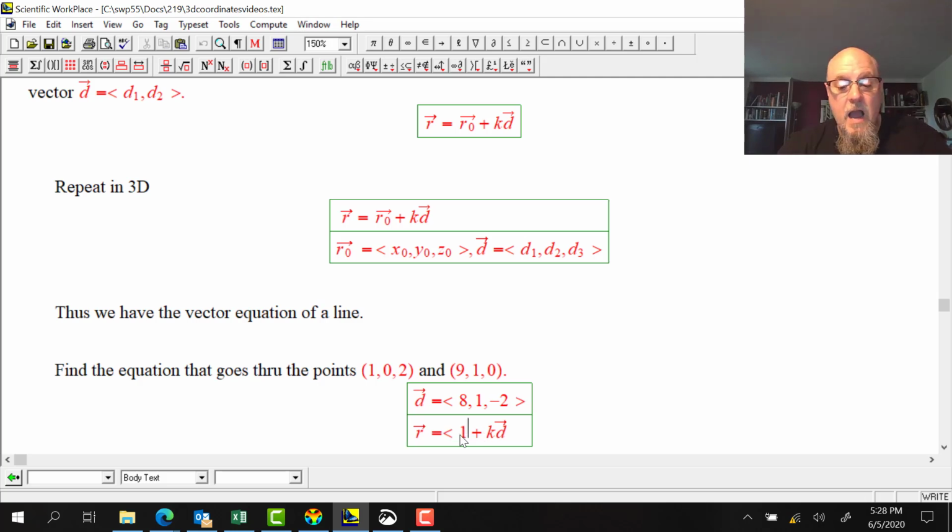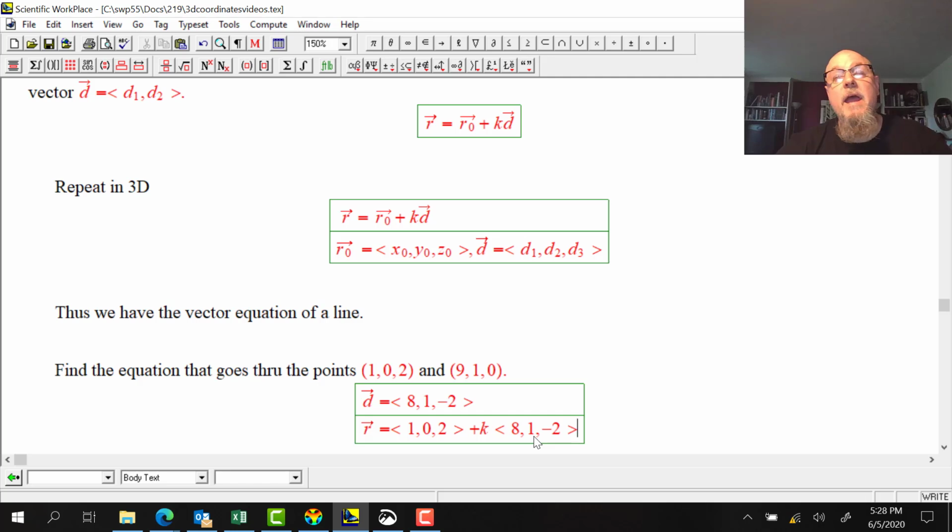I could choose either of them. I'm choosing the first one arbitrarily just because it's the first one, and our direction vector. And yes, any vector that's parallel to this will do as well. So you could make this direction vector a unit vector if you want to, but you don't have to. So now we found the vector equation of a line that goes through those 2 points in 3 dimensions.